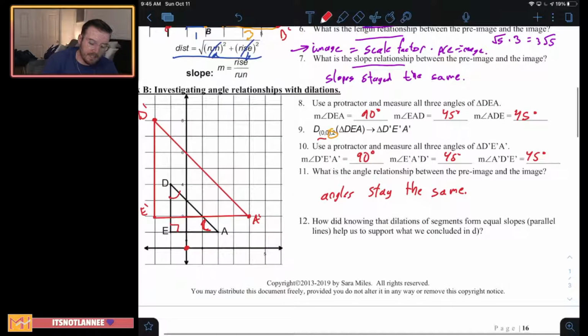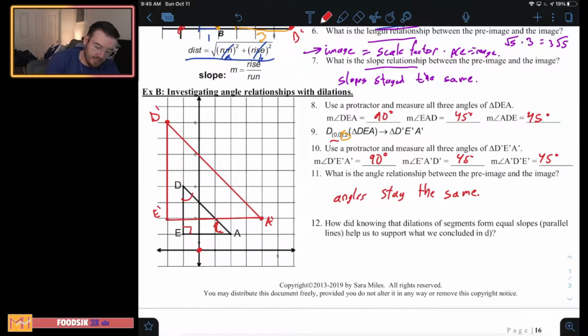So how did knowing the dilations of segments from equal slope help us support what we concluded in D? That's kind of what we already said. Equal slopes create equal angles.